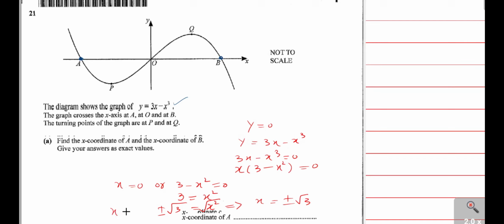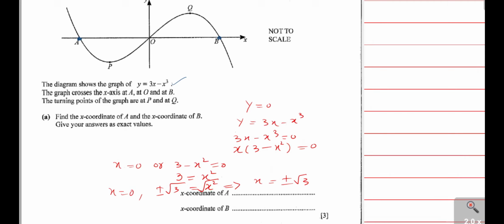Our values of x are 0, plus square root 3, and minus square root 3. Look here, the coordinate of A will be minus square root 3, 0, because it is on the number line on the left side. And B will be plus square root 3, 0. Therefore, the x coordinate of A is minus square root 3 and the x coordinate of B is plus square root 3. This is the answer. Next question.